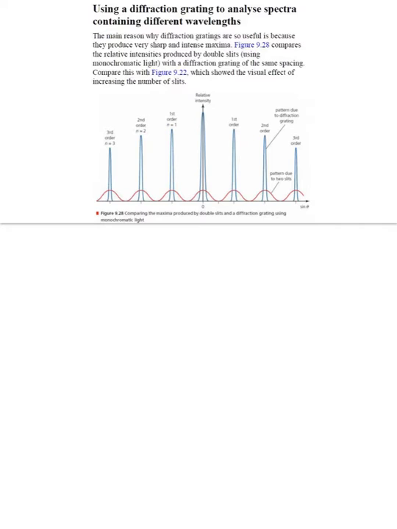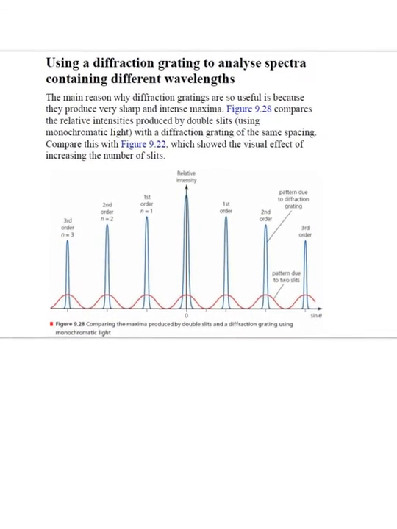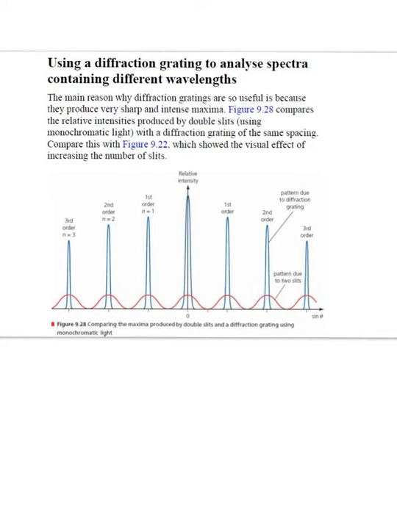Now, as we mentioned before, as you increase the number of gaps, you create maxima which are much sharper and more intense. So when you use, for example, a double slit, you can see that you have a low intensity but a very wide peak. Compare that to a diffraction grating, where you have a much more intense but very thin and sharp peak.